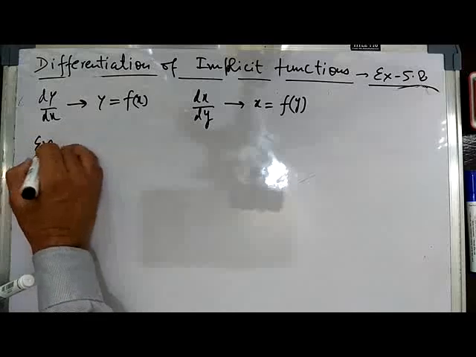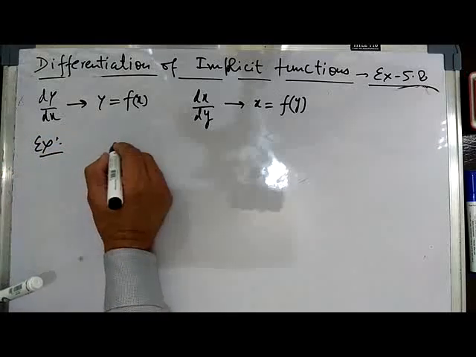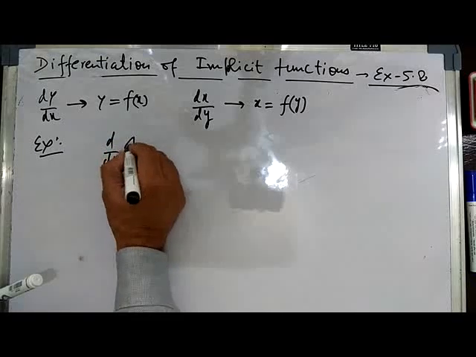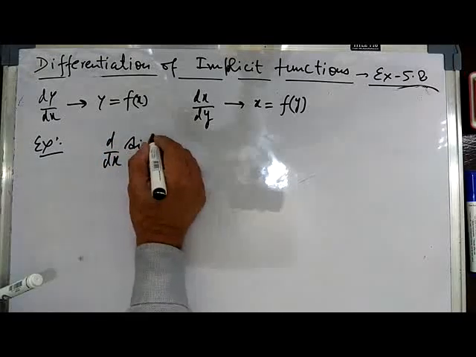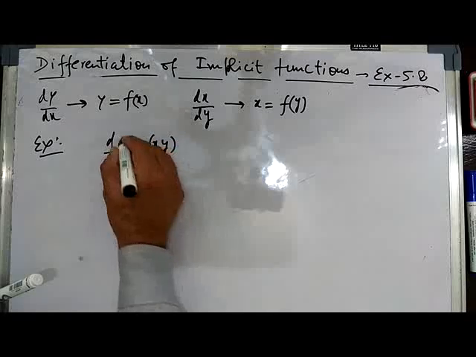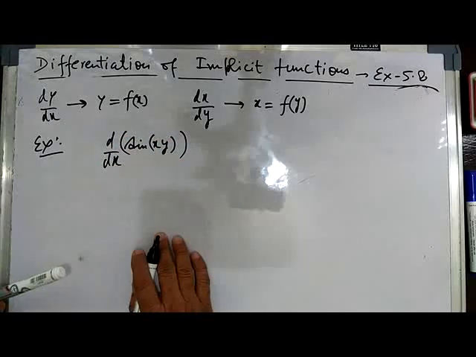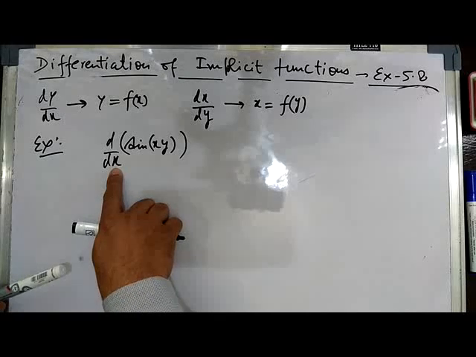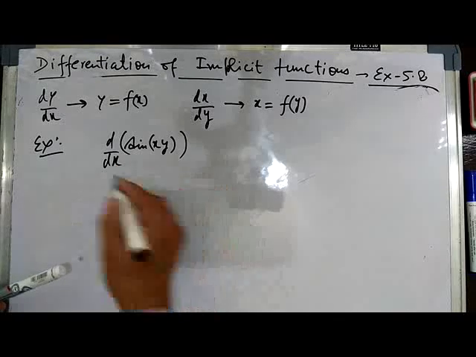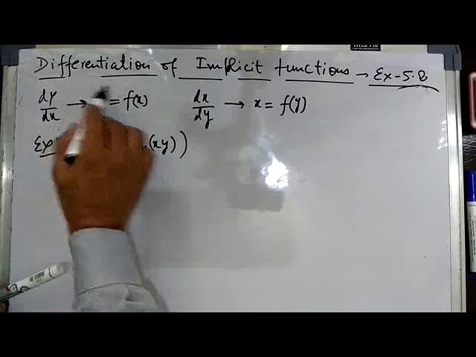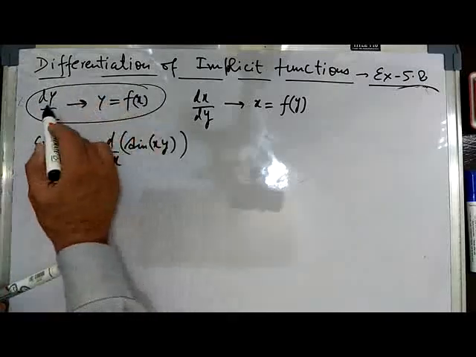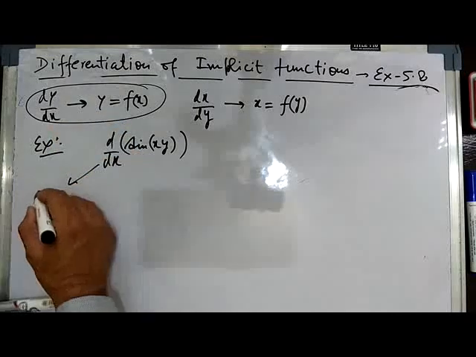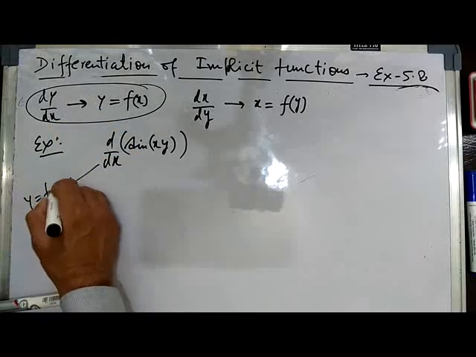Another example to understand this: suppose we have to find the differential with respect to x of the function sine xy. Here it is not distinguishable whether y is a function of x or x is a function of y, but by default, since we are making the differential with respect to x, y must be a function of x.